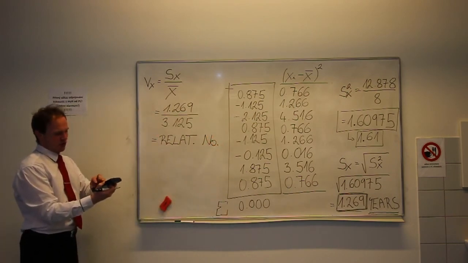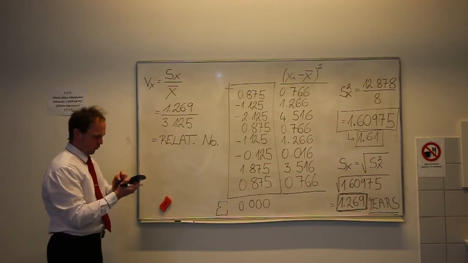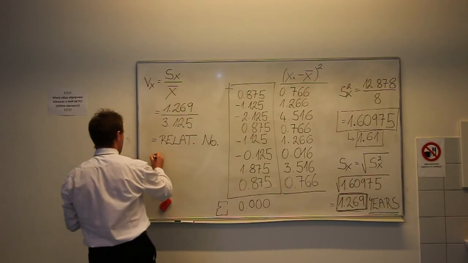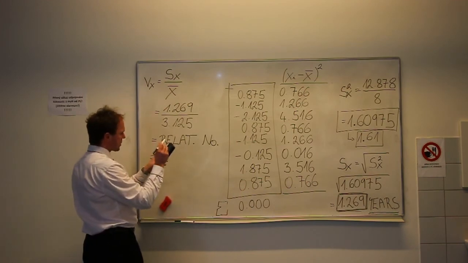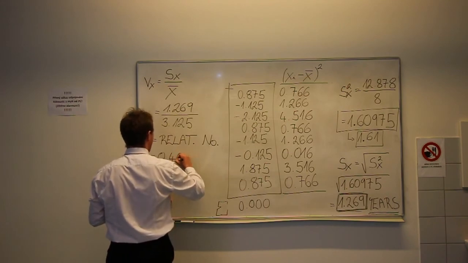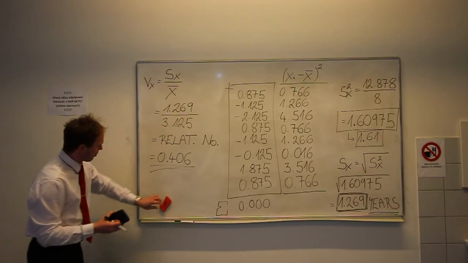So the standard deviation divided by the mean, 3.125, and the result is 0.406. So this is the result.